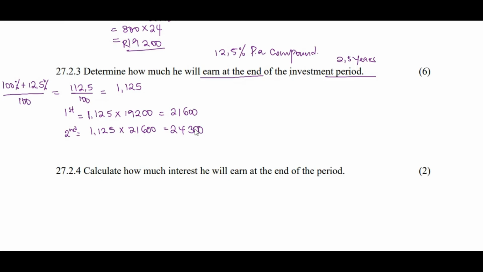But the other step, the third step, is not a full year. It's half a year. So we need to change a little bit. Half year. What will it be? It will be 12.5 divided by 2.